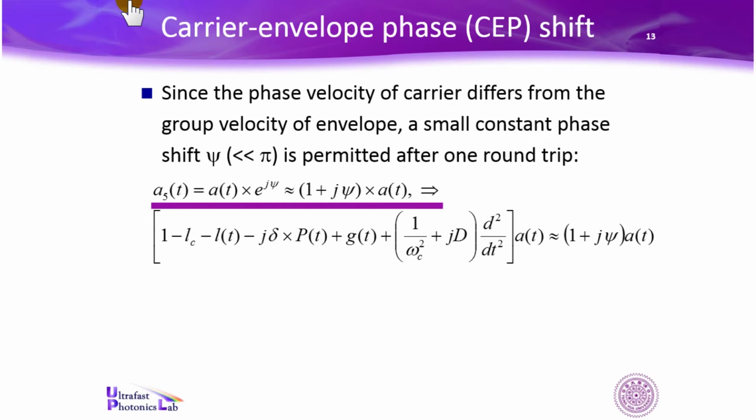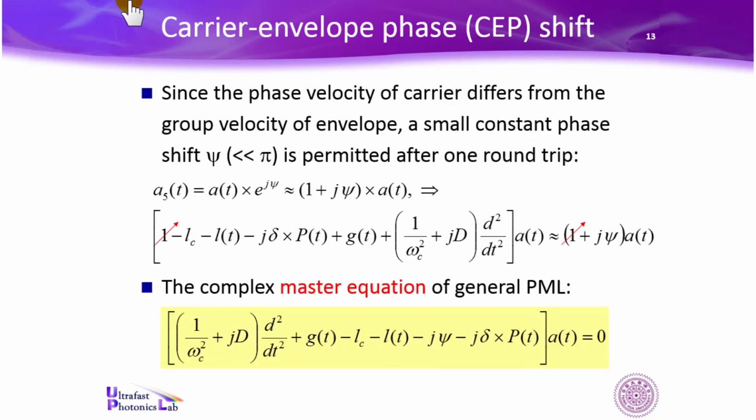And here you can cancel 1 and 1 together. Then you arrive at the final complex master equation of general passive mode locking. So this is the complete governing equation for passive mode locking.